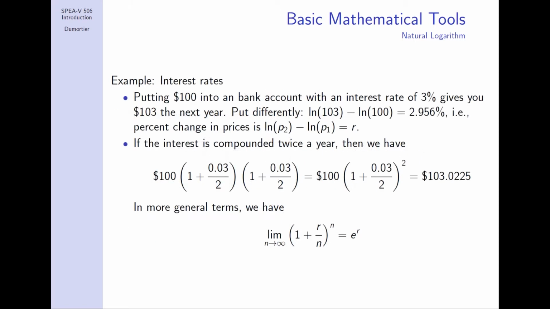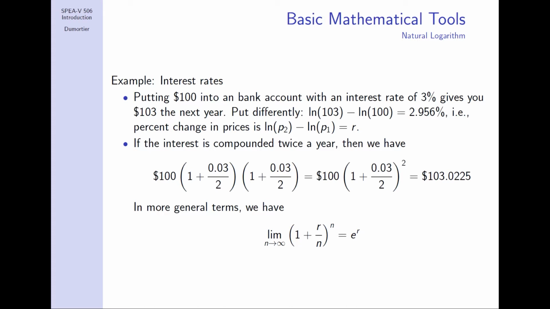Let us look at 2 applications using the natural logarithm. Euler's number e has some interesting properties when it comes to interest rate calculations. Now, in the first example, suppose that you are putting $100 into a bank account and you get 3% interest rate on that $100.